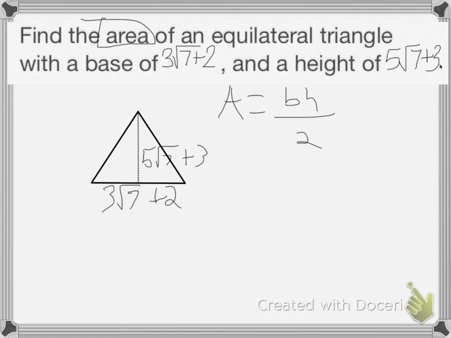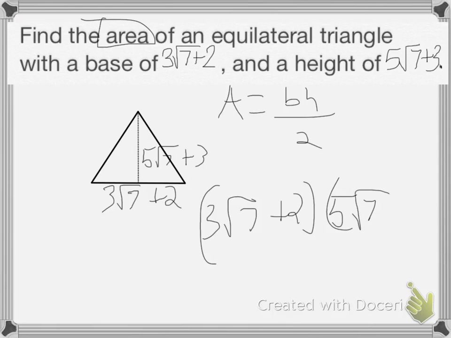And so 3 square root of 7 plus 2 and 5 square root of 7 plus 3, and FOIL them. So 3 square root of 7 times 5 square root of 7 would be 35 times 7.